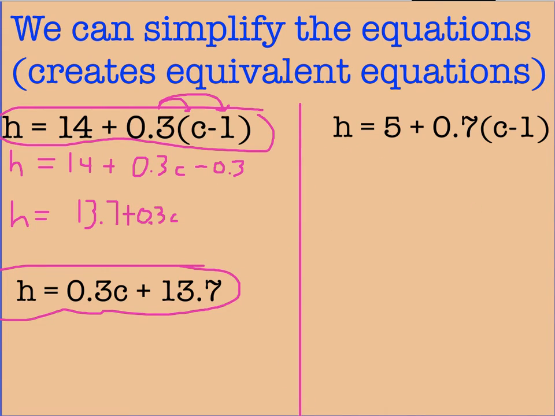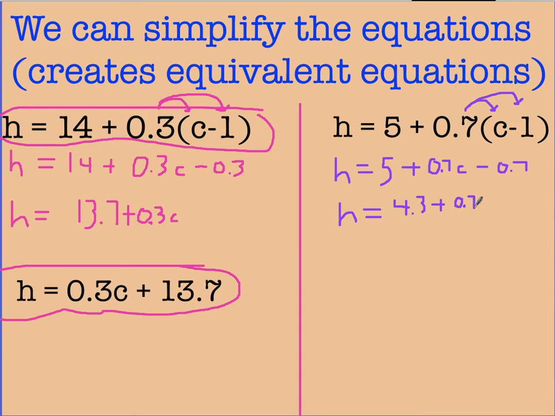All right, let's try the same thing with the next one too. So distribute. So I'm going to have h equals 5 plus 0.7c minus 0.7. All right, so combine our like terms, right? 5 minus 0.7, so I'm going to get 4.3 plus 0.7c.